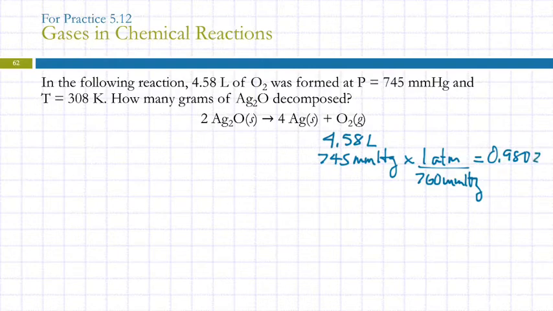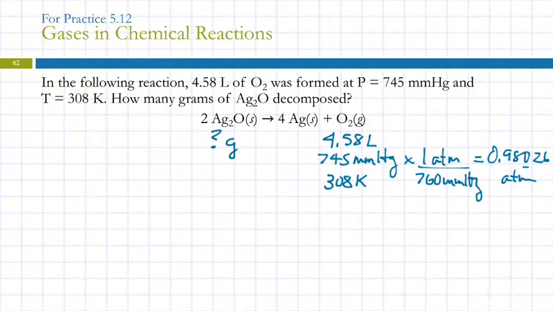0.98026. There's the pressure in atmospheres. And then the temperature is 308 Kelvin. So that was nice. They gave it to us in Kelvin. The question mark is how many grams of Ag2O decomposed to make this much oxygen?